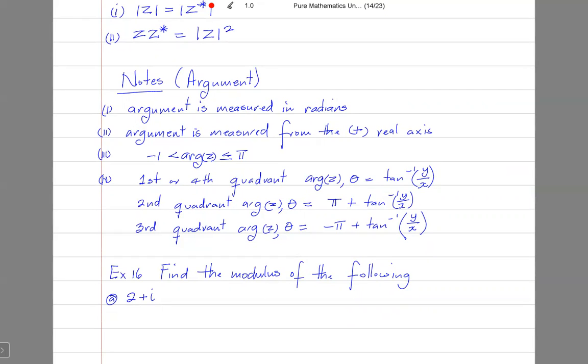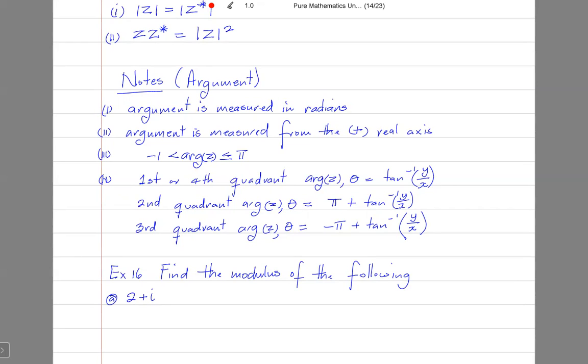So if you deal with any complex number calculations that involve calculating the argument, you must set your calculator to radians. Now, argument is measured from the positive real axis.